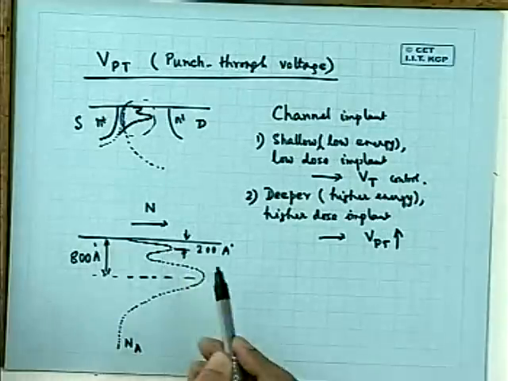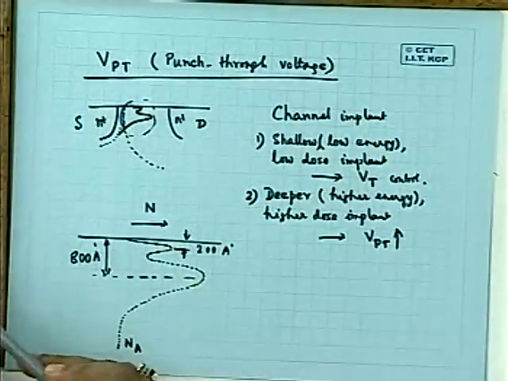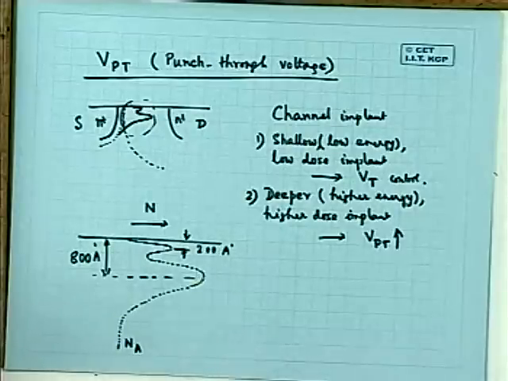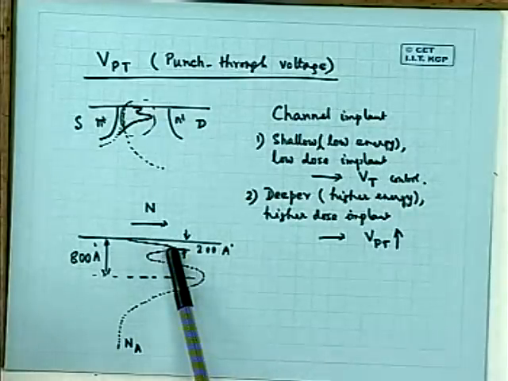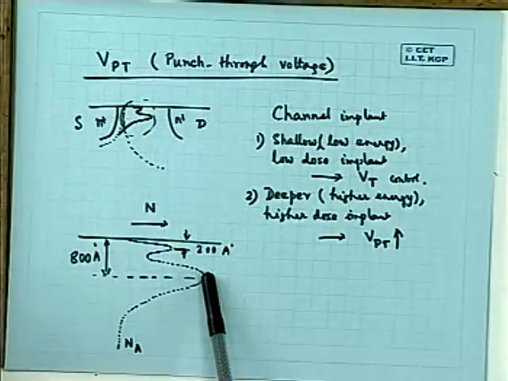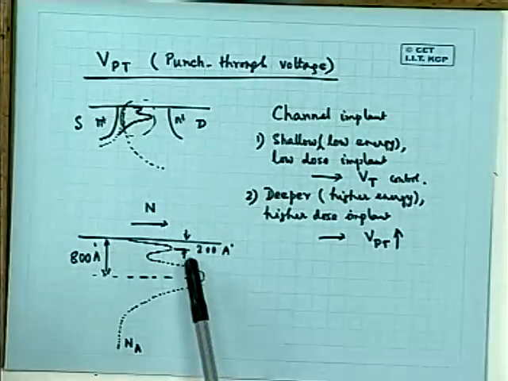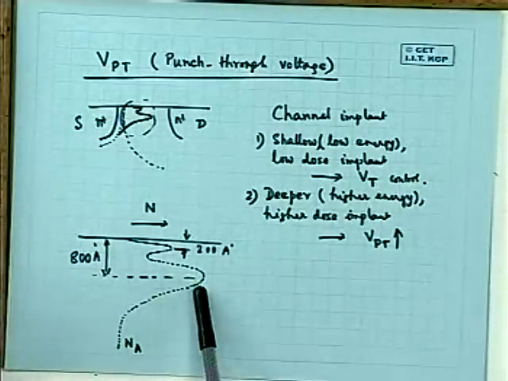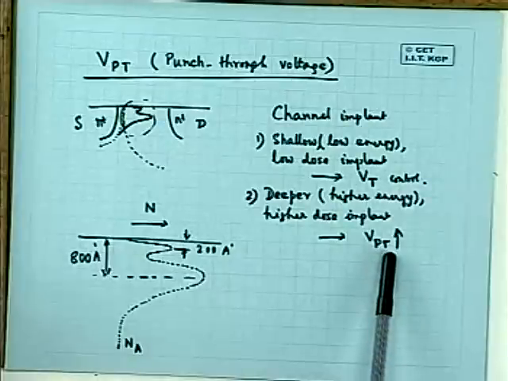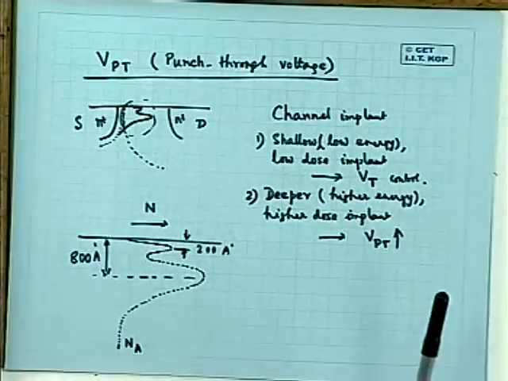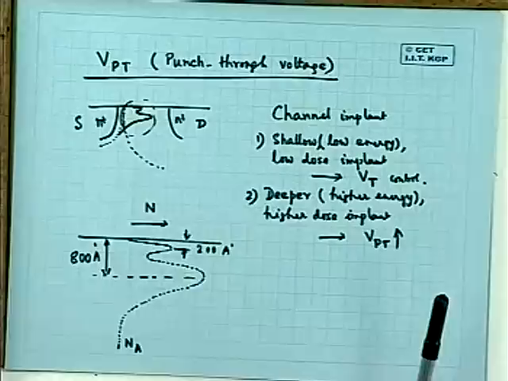This N max may be of the order of 10 to the 17, whereas this may be of the order of 10 to the 18. The first peak is for the VT control, but the second implant is for the VPT control. VPT has become a very important matter of concern, which was earlier never considered.